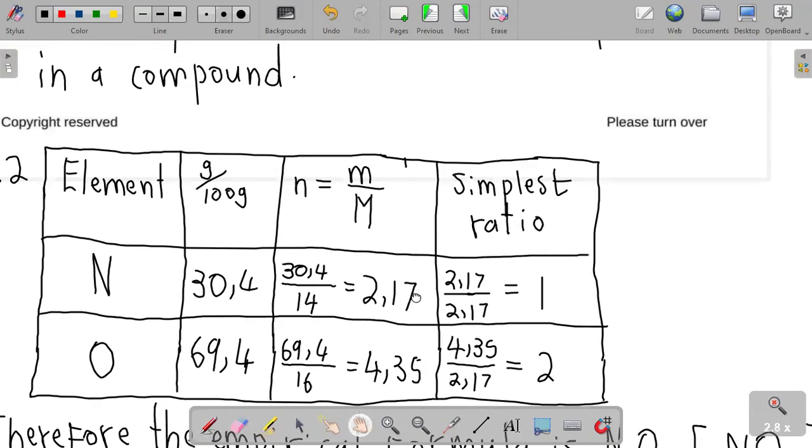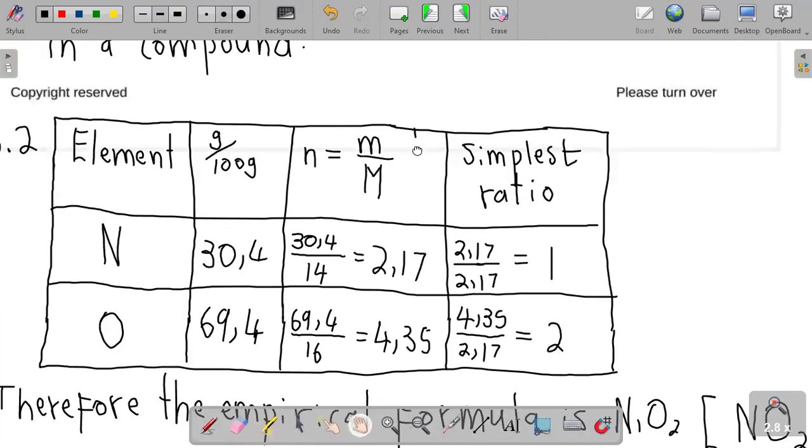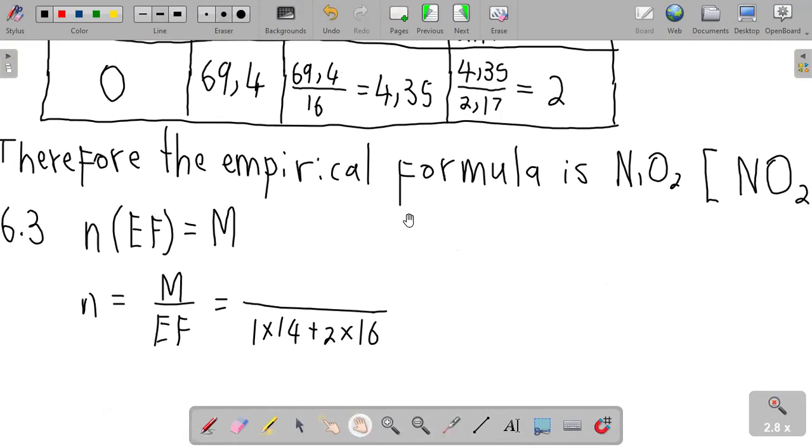And then we use the molecular mass, so it's 92 divided by 14 plus 32, that is 46.